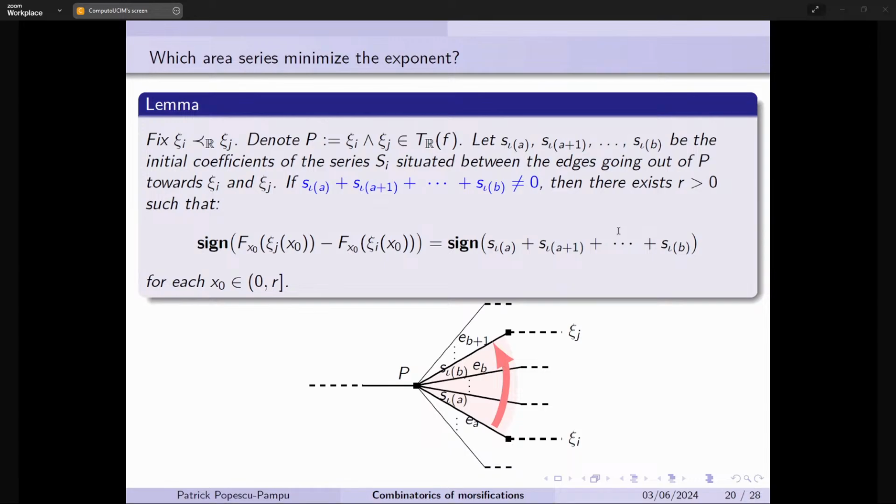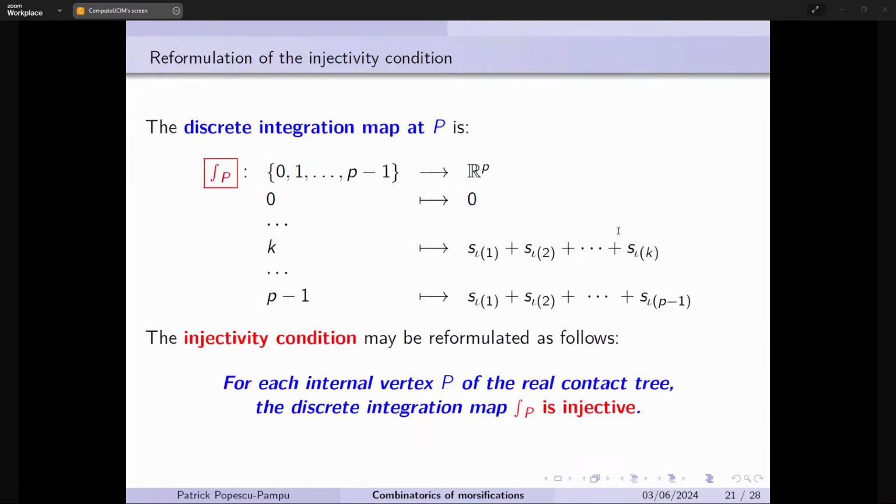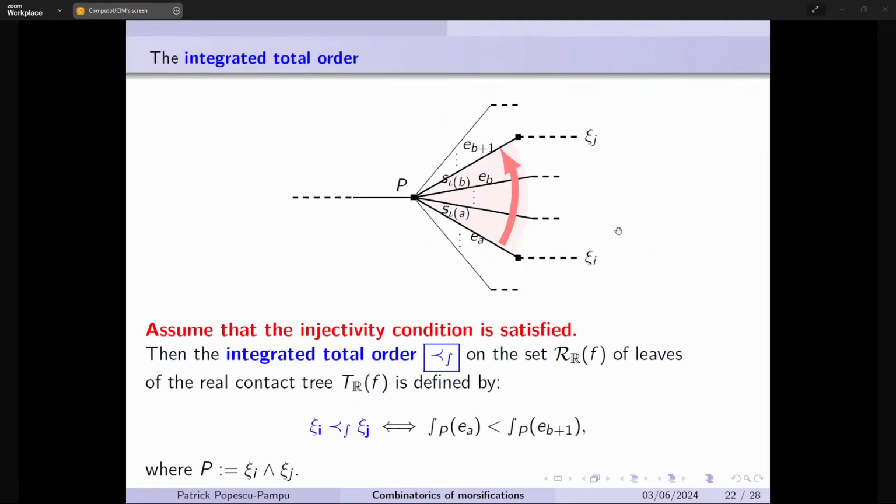We make the sums of those initial coefficients, and the successive sums, by our injectivity condition, define an injective function, which we call a discrete integration map, because it's a discrete sum of numbers corresponding to jumps from one point to the next one. So under this hypothesis, we get an integrated total order by re-embedding the tree and getting a new total order on the set of leaves, which we denote here by the sign of smaller with the integral sign.